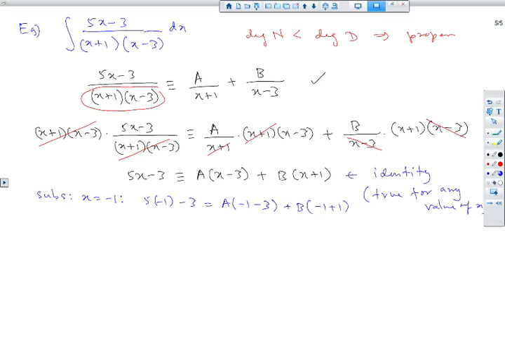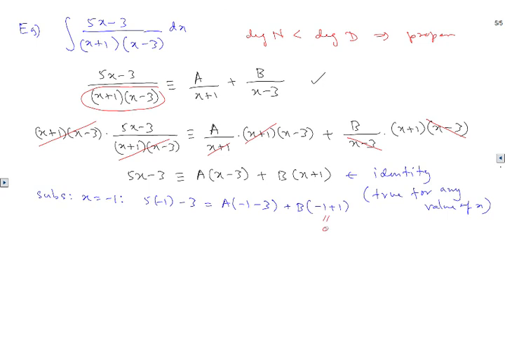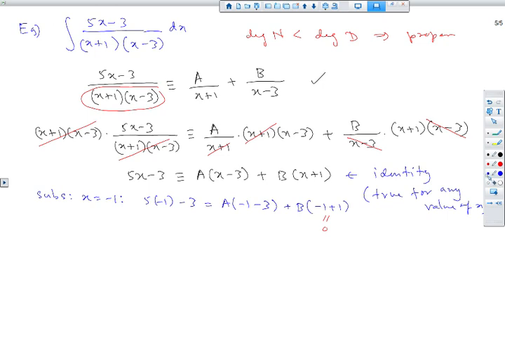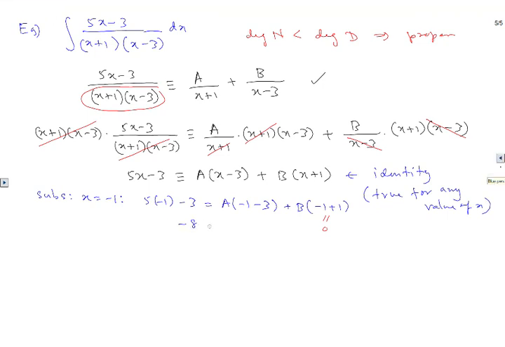You can see that that term is 0, so you do not get that term anymore. This side simply becomes -8 equal to a times -4. It says that a equals 2.